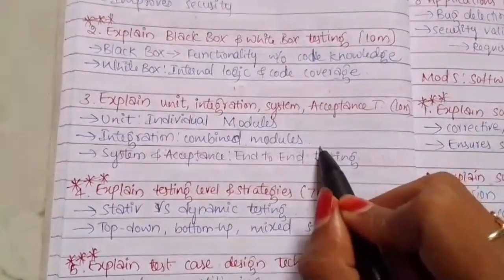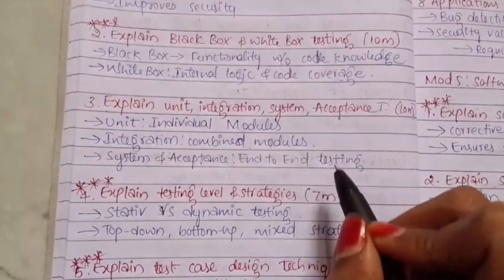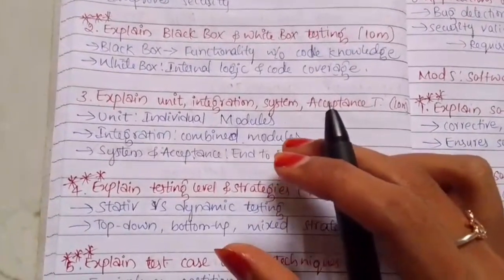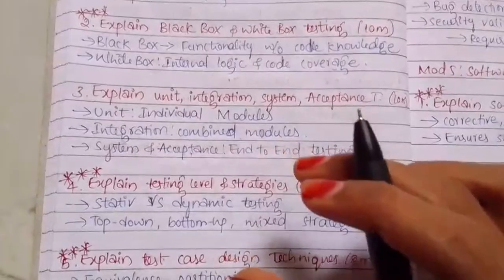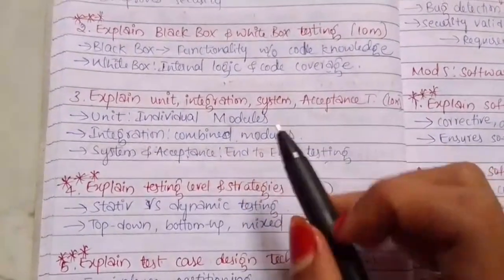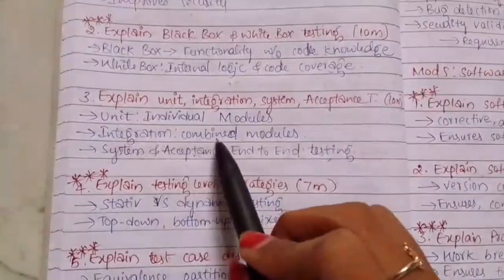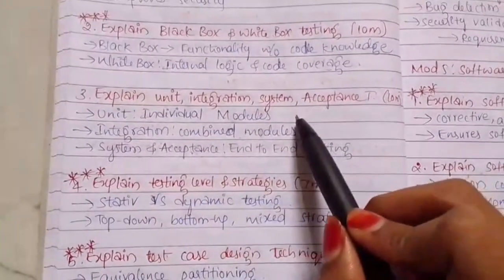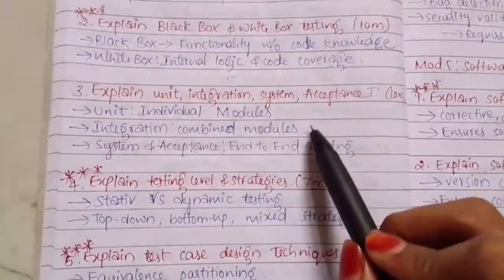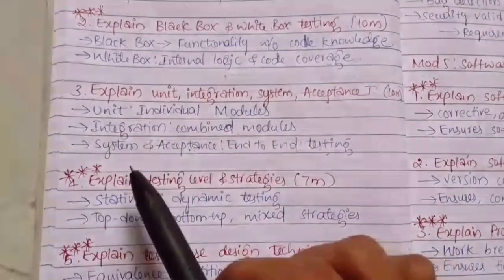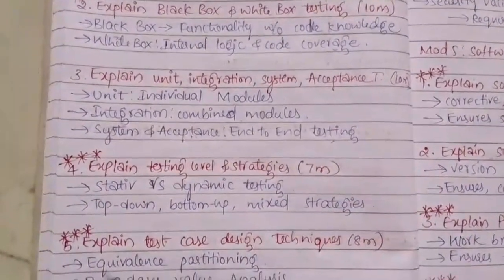It is sometimes done by the end user. The end user is going to take that system or that product. He will test that. That is called acceptance testing. It is a very important question. How to explain step by step in detail each and every testing: unit, integration, system and acceptance testing.